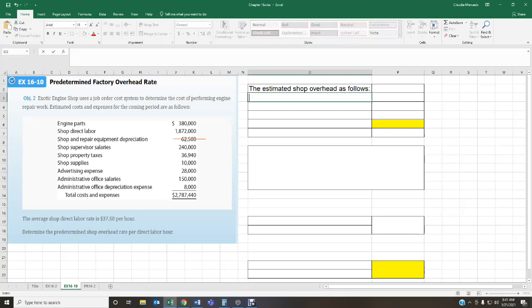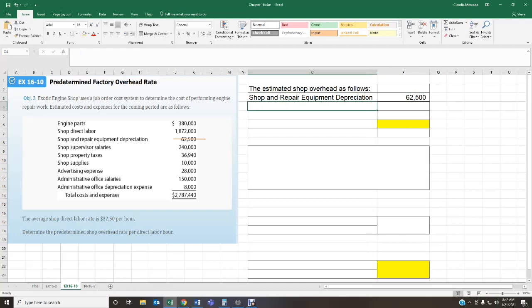So let's put that in. Shop and repair equipment depreciation, 62,500. What else? Well, we mentioned that if it's a supervisor salary, that's considered indirect labor.